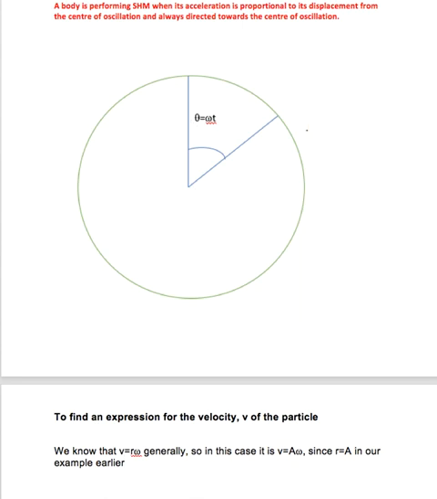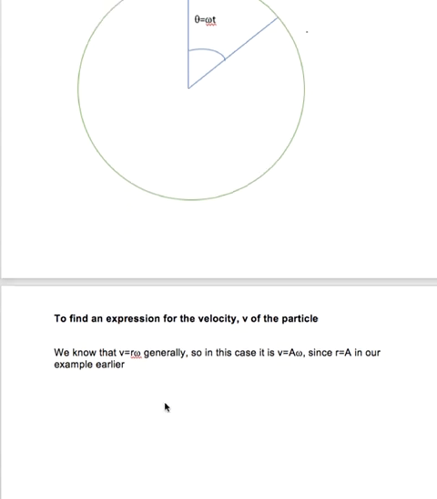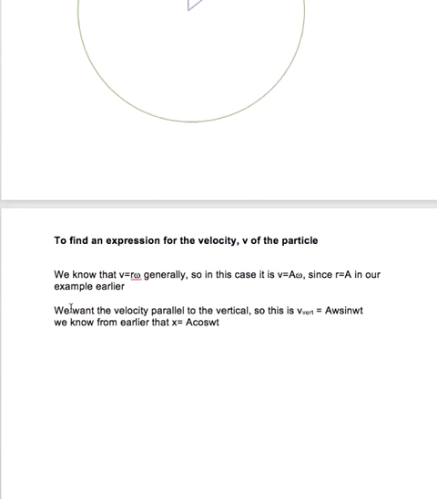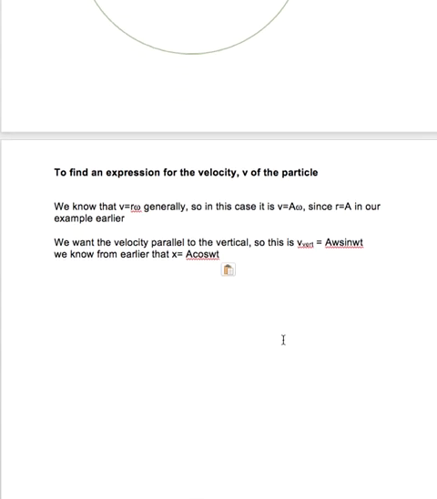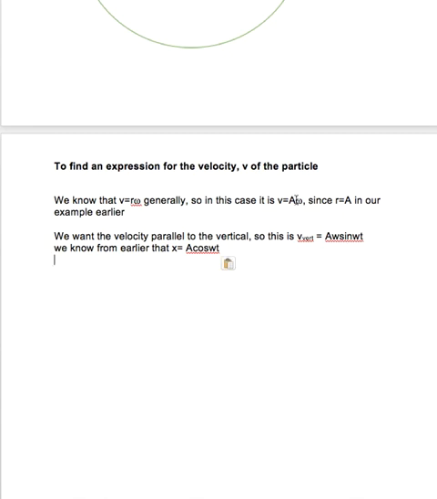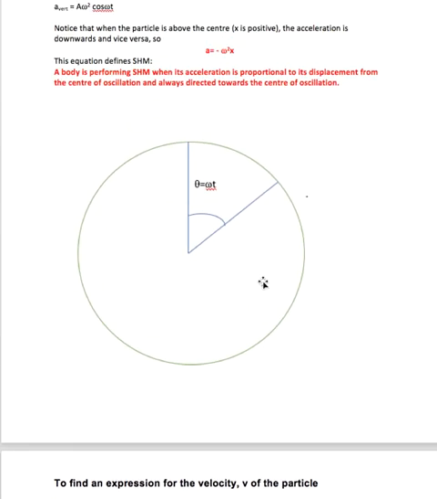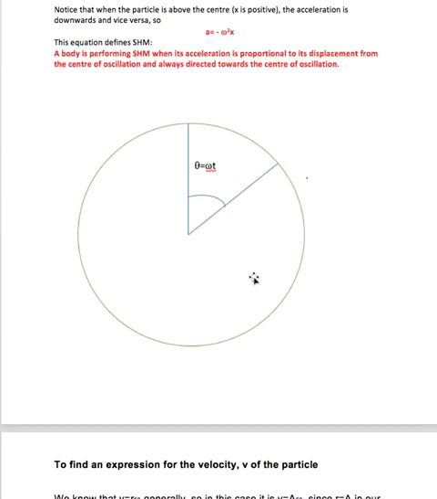So the vertical component would be A omega sine omega t. It's the sine component. And we know from earlier, back up here, that x is A cos omega t.